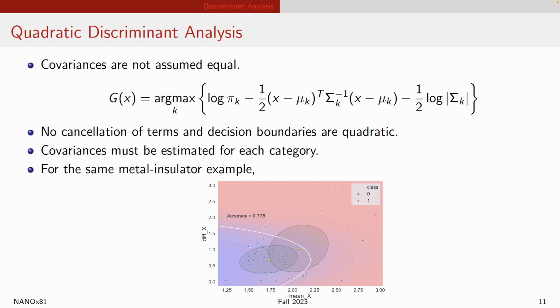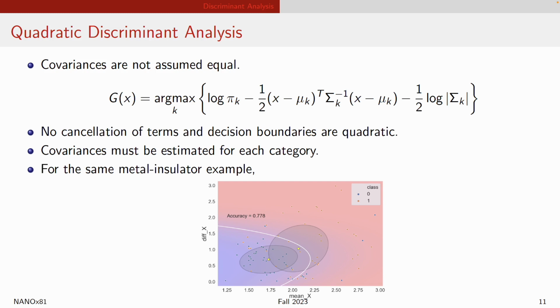In quadratic discriminant analysis, we do not make that assumption. We assume that every single class has its own covariance matrix. Okay. Now, because of this change in assumption, there is no cancellation of terms. Okay. And what happens is that your decision boundaries are no longer linear. Okay.